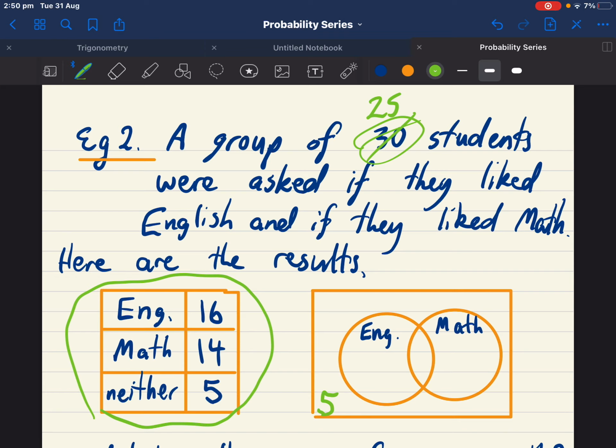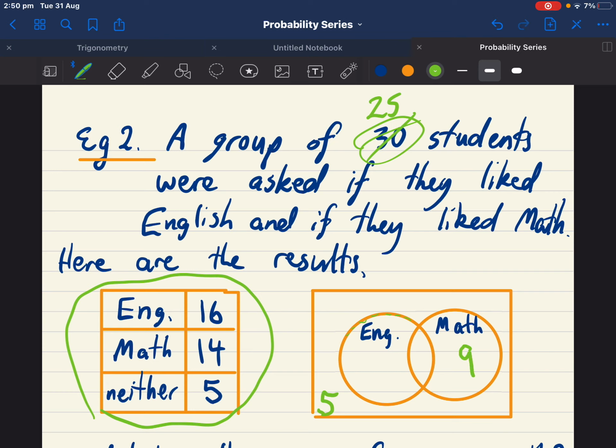So if 16 of them belong in the English circle, how much is going to be left over for this maths part? Right, so 25 need to be there in total, and we're putting 16 of them in the English circle. So 25 take away 16, that tells us we're going to have 9 left over for here.